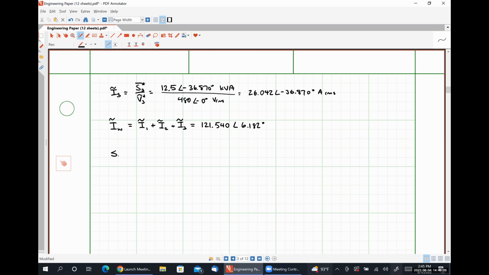So I can say that SW is the magnitude of IW squared times ZW, which is going to be, sorry, this should be amps RMS, 121.540 amps RMS squared times 0.1 plus J 0.2 ohms. Sorry, units are important.